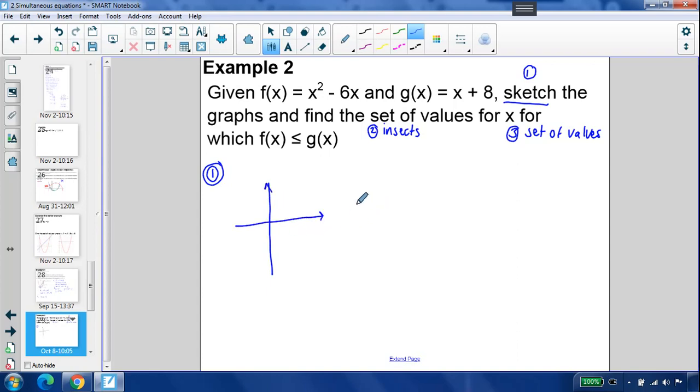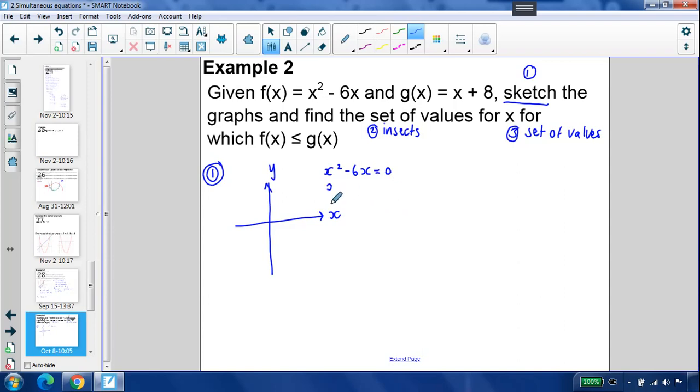Now, we've got y, we can read this as y is equal to x squared minus 6x. Well, we might want to think about the root, so where it crosses the x-axis. And it crosses the x-axis when y is equal to 0. So I'm going to write this as x squared minus 6x is equal to 0.